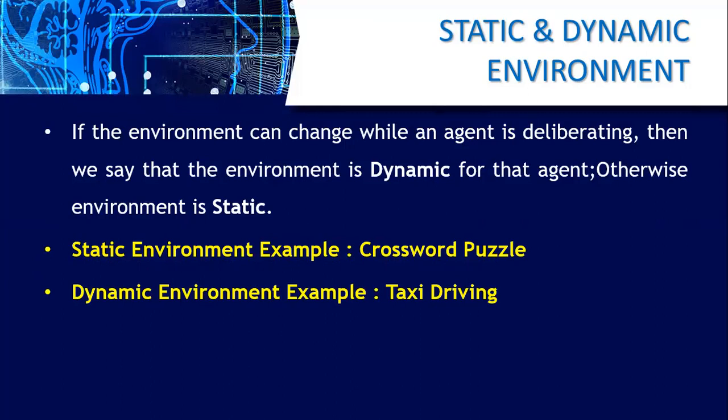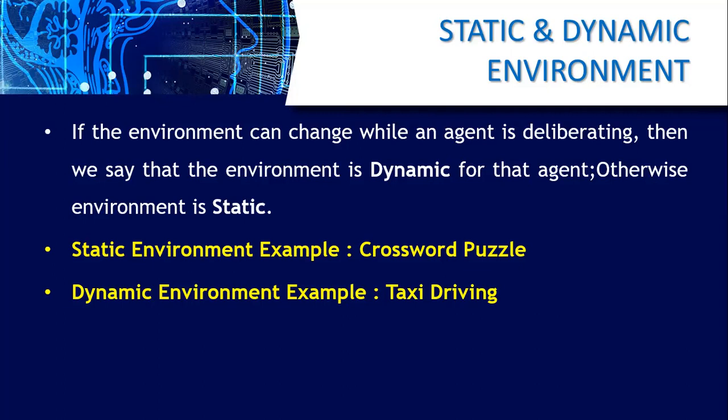But take an example for a dynamic environment, taxi driving. At the start, the road may be clear, and the driver, who is an agent, can ride the car. After a 100-meter distance, the agent may get interrupted by traffic or a person, say a zebra crossing, or somebody will come in between.